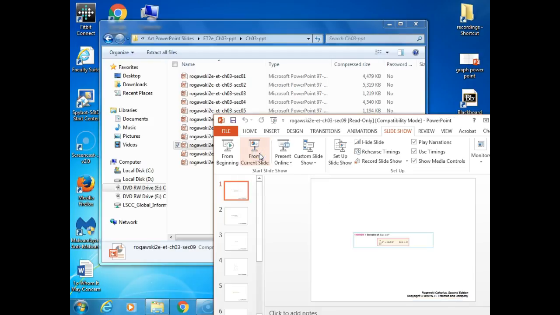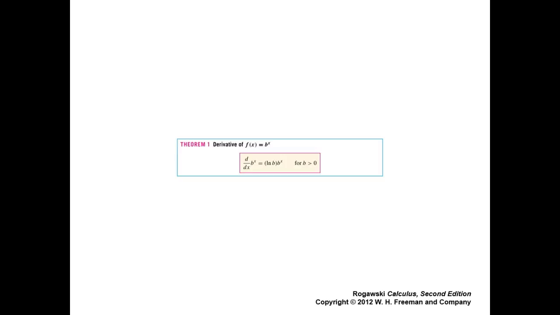Go figure. Okay. Now, back in section 3.2, we talked about, for any positive base b, d by dx of b to the x.